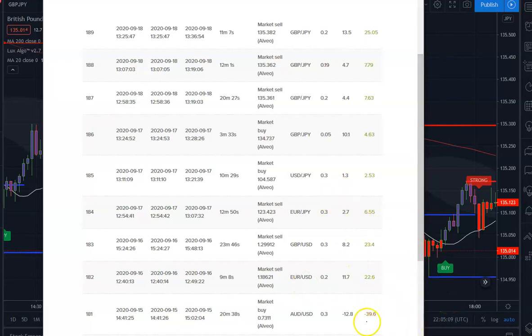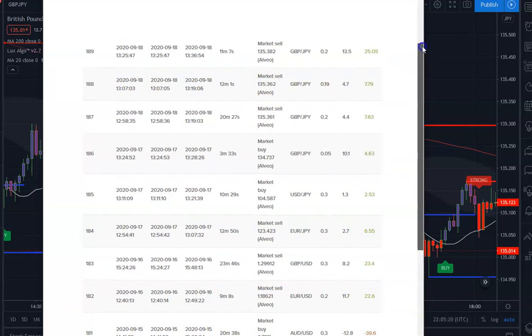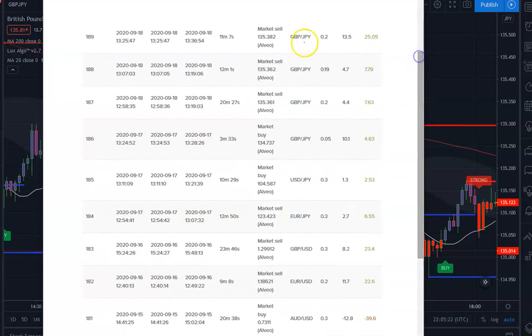I think this was before I implemented the 2 minute time frame. This was the last 4 days, from 9:15 to today. Today I got 2 good trades, towards the beginning and end of the day. These are the pips and these are the dollar amounts.